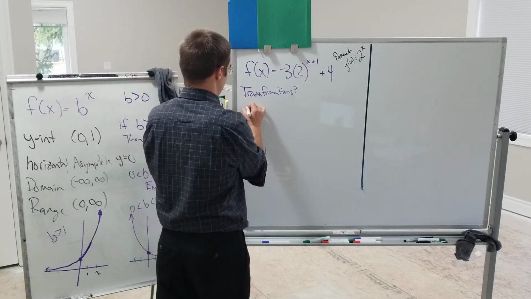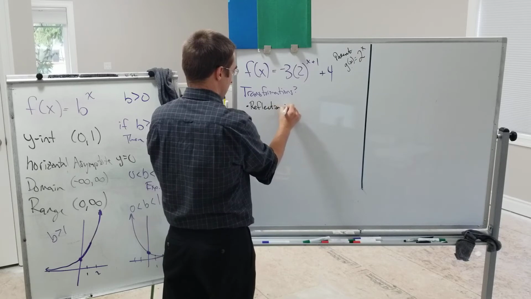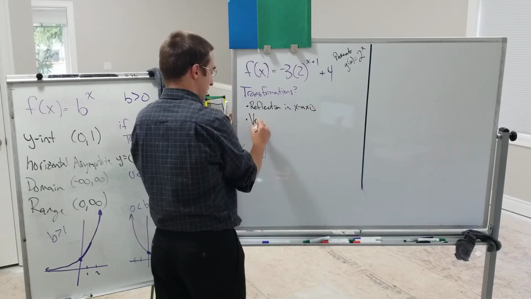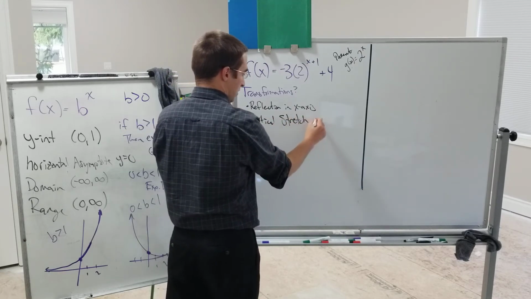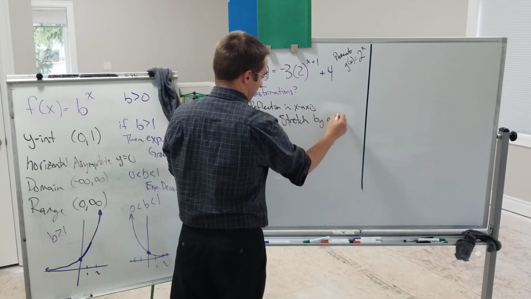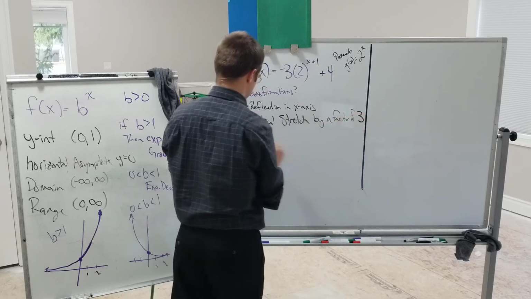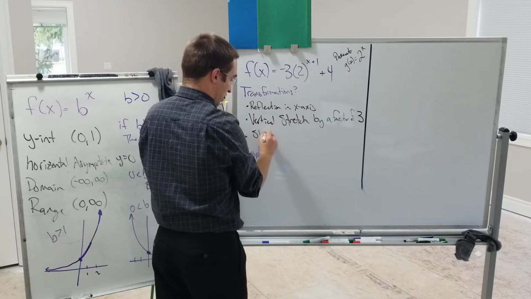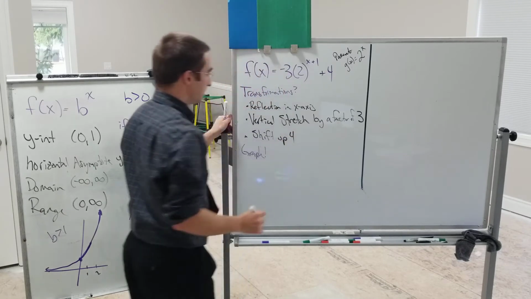So here we have a reflection in the x-axis. We have a vertical stretch by a factor of 3. We have this plus 4, which is a translation up 4.